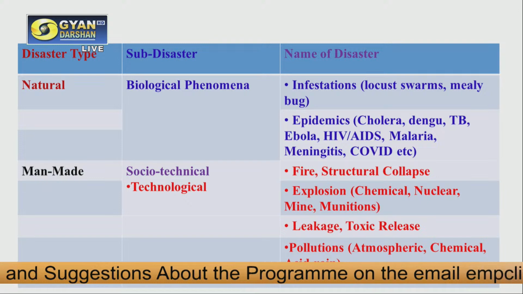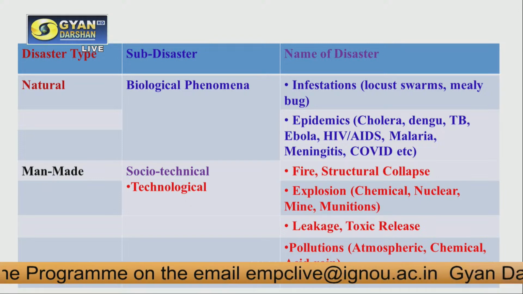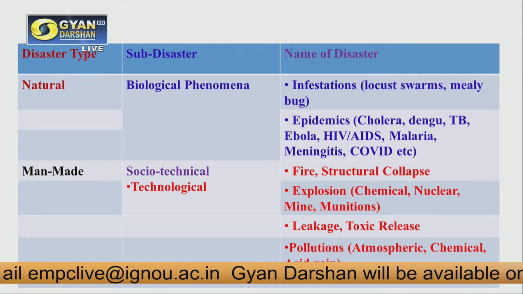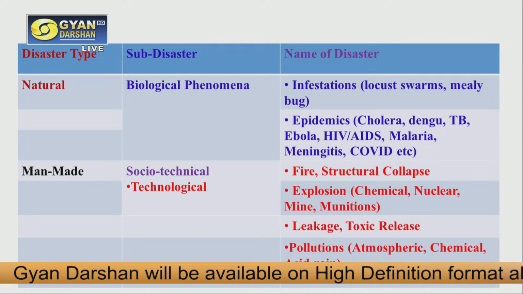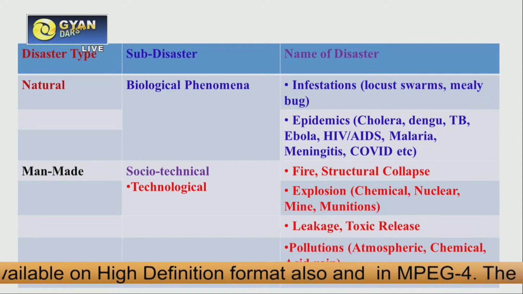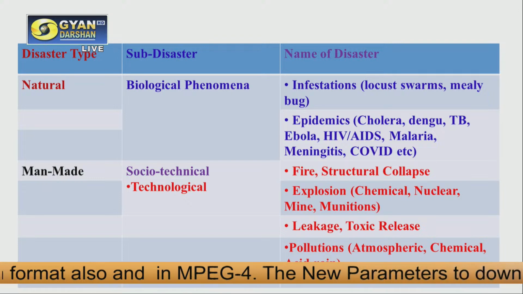And because of some mistakes of human beings, these materials are catching fire. So these big fire accidents occur because of human mistakes basically. Then second is structural collapse.